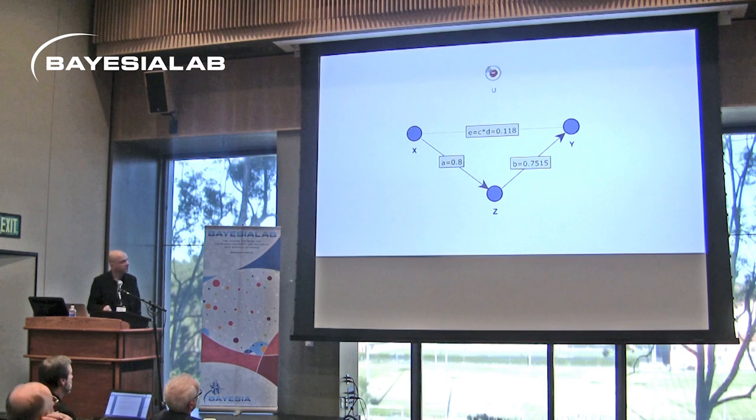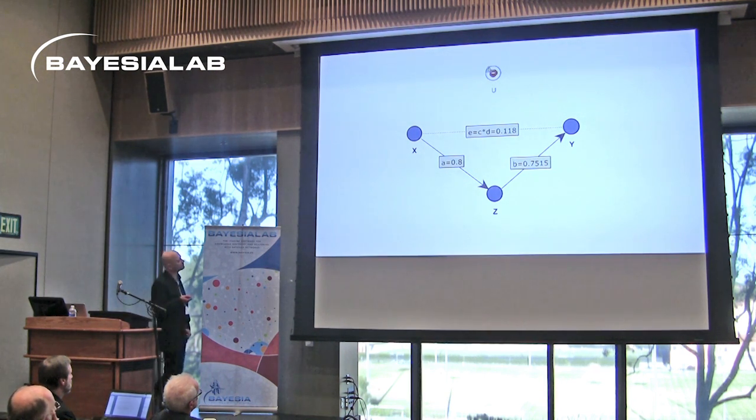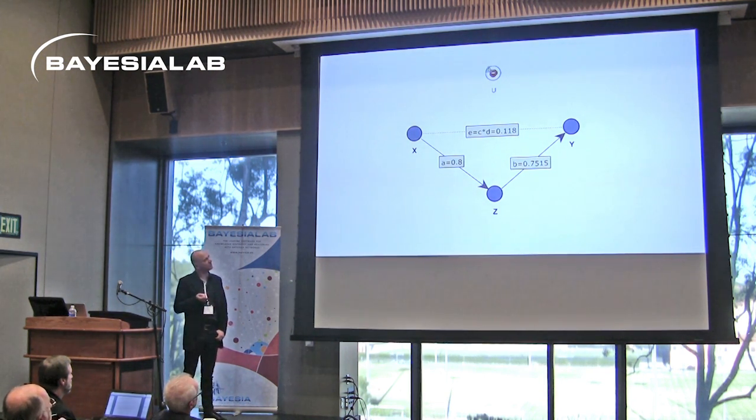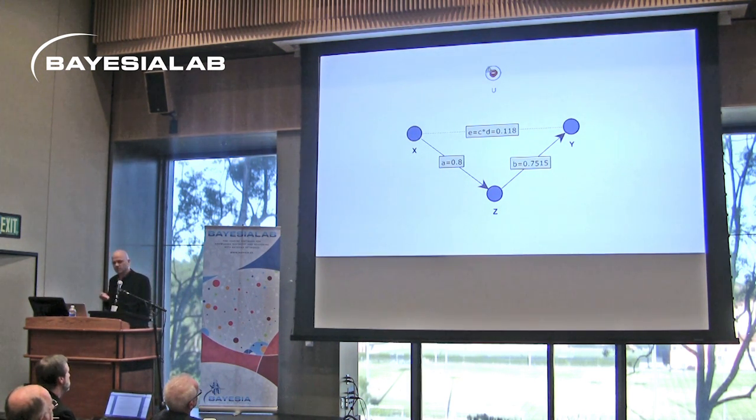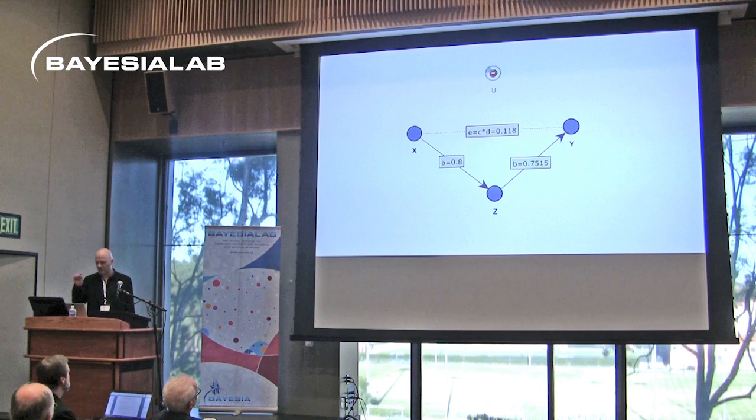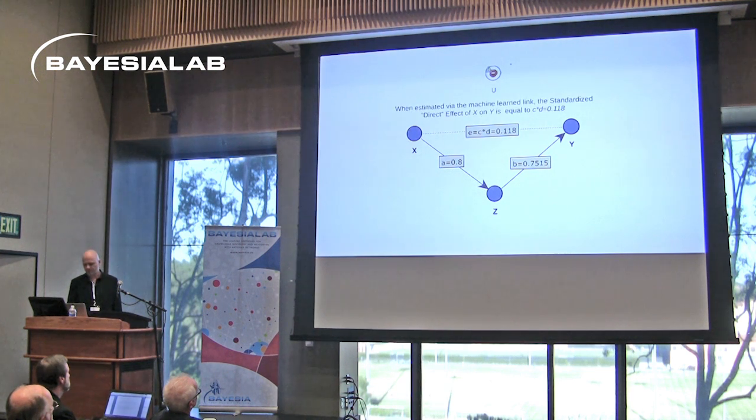And if we use the right algorithm, the value of this direct effect will be equal to c times d. Right? So the two coefficients we had between ux and uy. So we know for sure you can take this network, generate data, and you will find that if you exclude u, as I did, you will have this link with this exact same standardized total effect, direct effect.